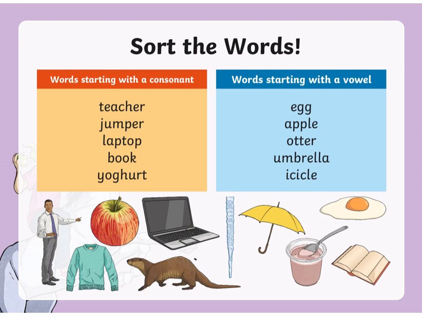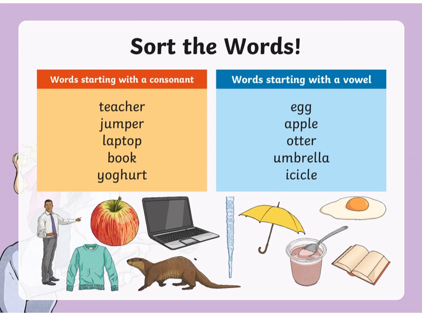Now, let's sort the words. Which words? Consonants and vowel. Words starting with consonants are teacher, jumper, laptop, book, yogurt, egg, apple, otter, umbrella, icicle.